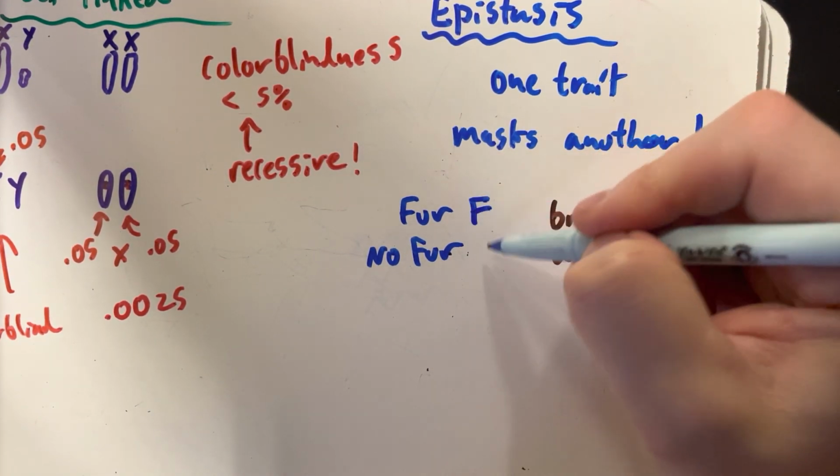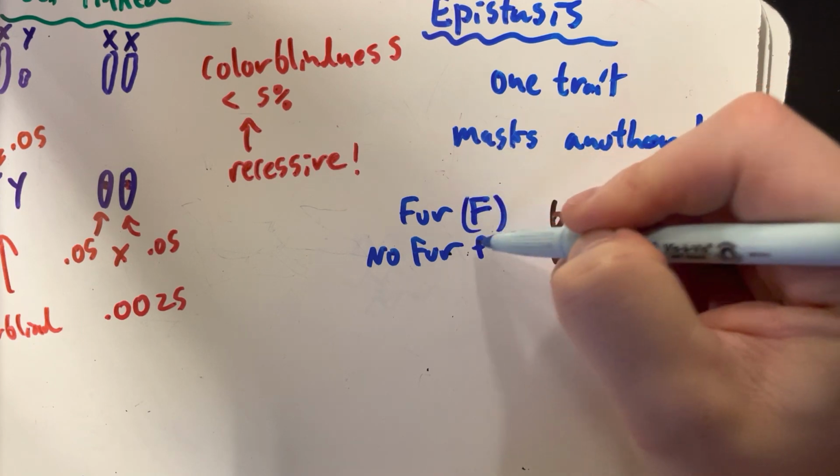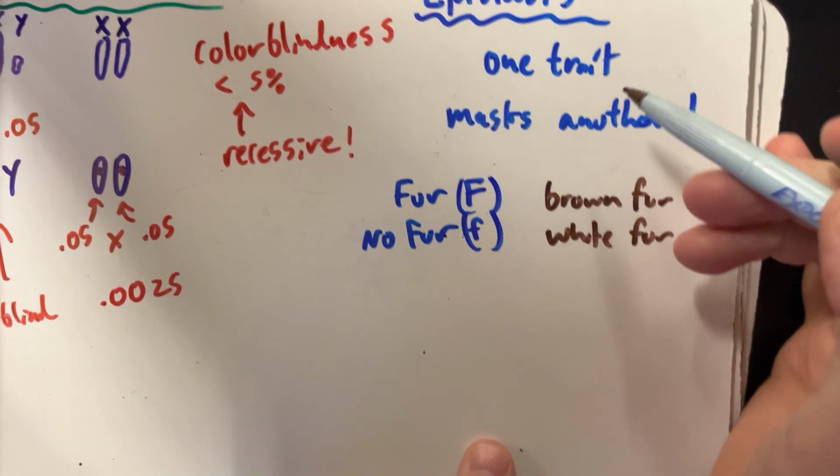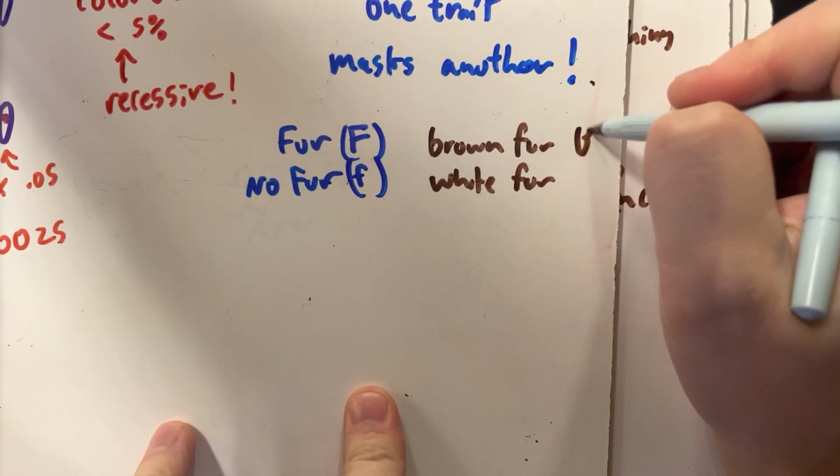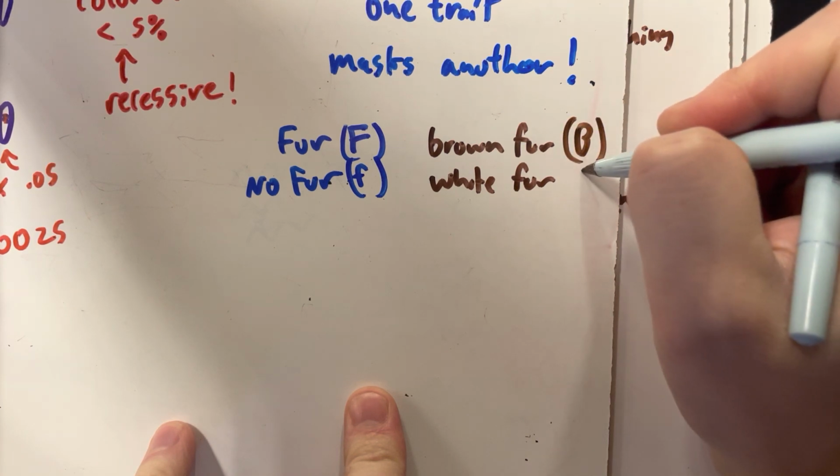So we'll put this big F, little f. And this is big B, and this is little b.